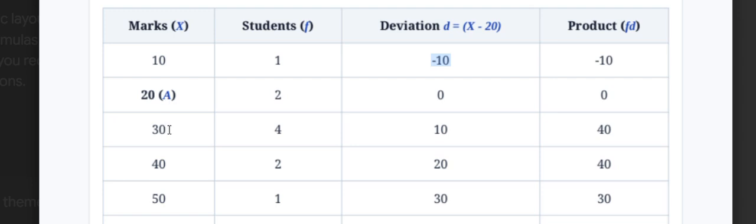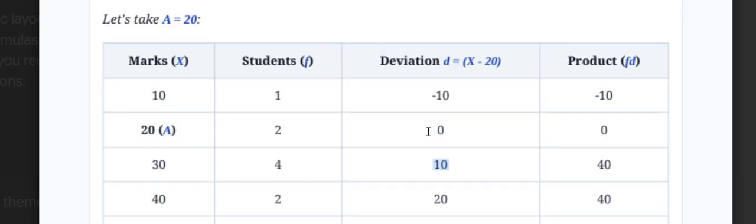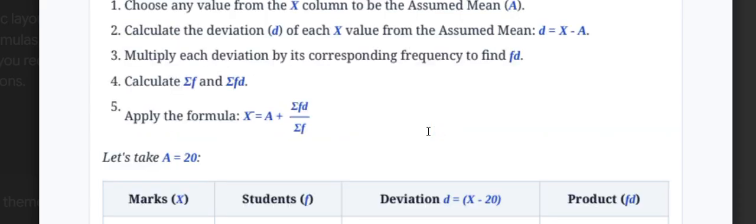Similarly, 30 minus 20, the result will come as plus 10. So you are going to find the deviations. Deviation d is equal to x minus A; whatever x you have, you subtract the assumed mean from it and you get your deviation.